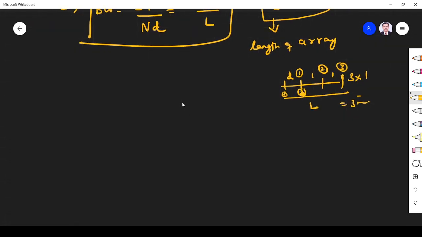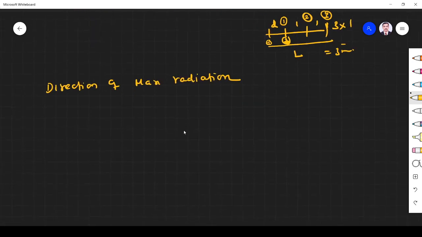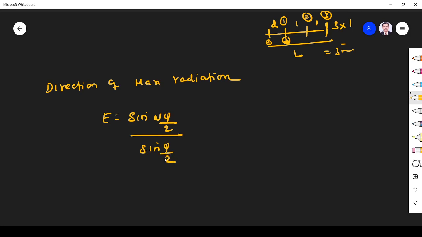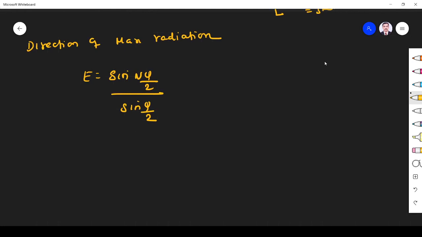Right, next we find the direction of maximum radiation. As usual, we start with the field equation. We know that A is equal to sine n psi by 2 divided by sine psi by 2. I want maximum radiation. Maximum radiation or null, whatever it be, I have to bother about the numerator only.